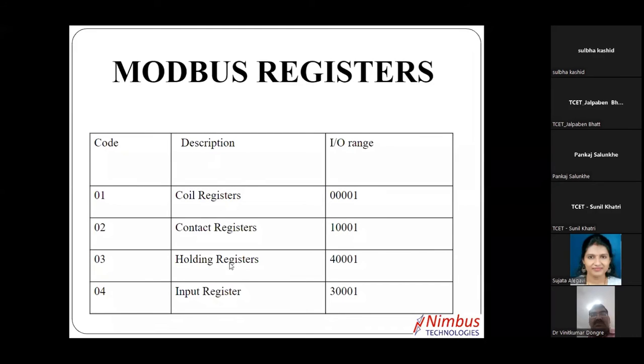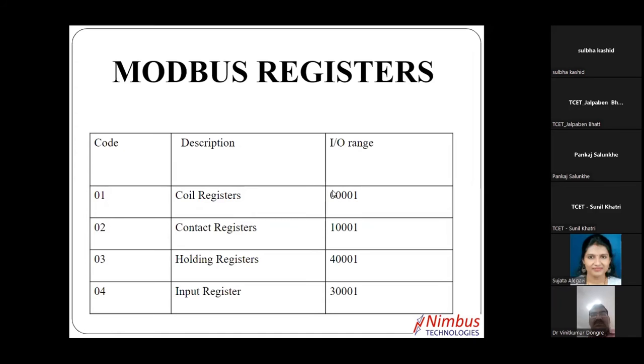So there are four types of Modbus registers. First, the coil register. Whenever the coil register is mentioned, there is some identification for that register. Its address always starts with 0.